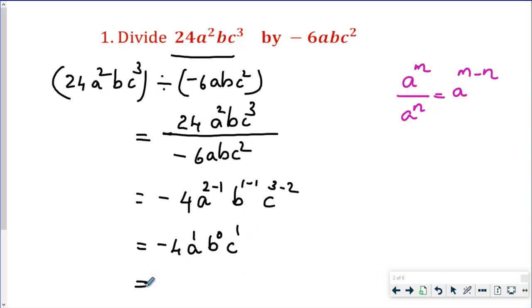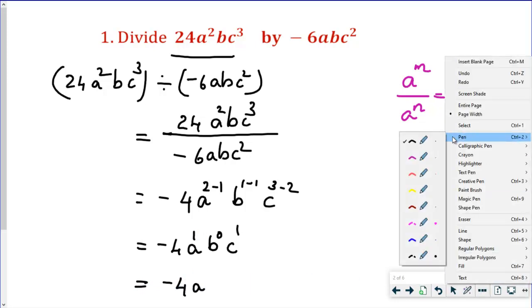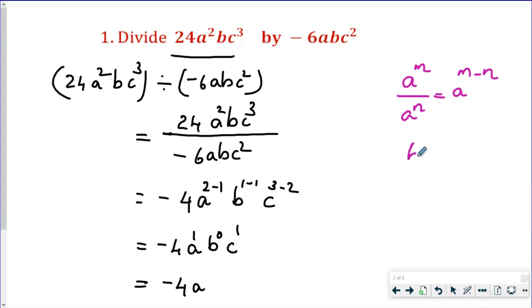Now that is equal to minus 4 a power 1, that is a, and b power 0. Any number or variable raised to the power 0 has the value 1. If you write 5 power 0, that is also 1. If you write 100 power 0, that is also 1.